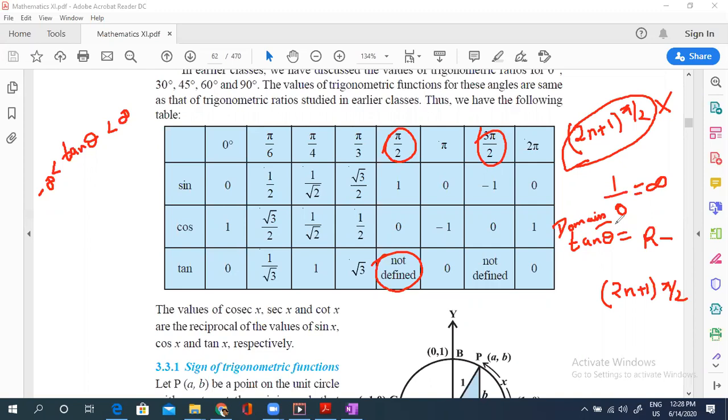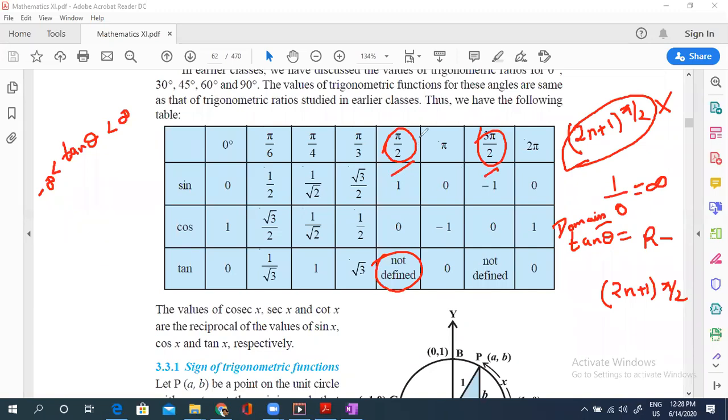You got this? Everyone got this? Yes or no? Right? The value of, see, just see the values, right? It is pi by 2, then 3 pi by 2.